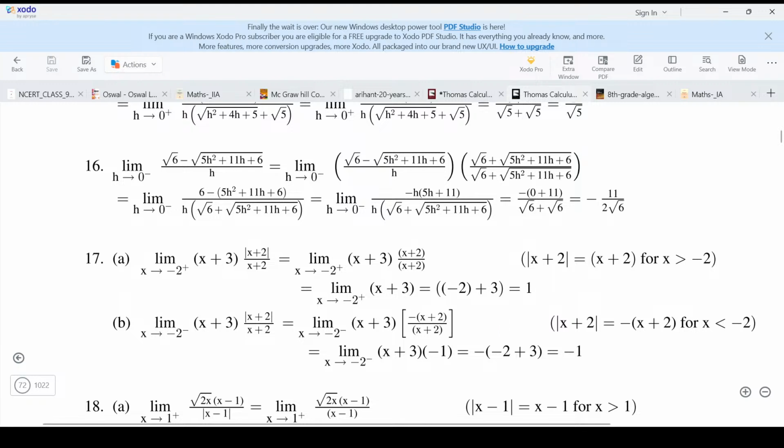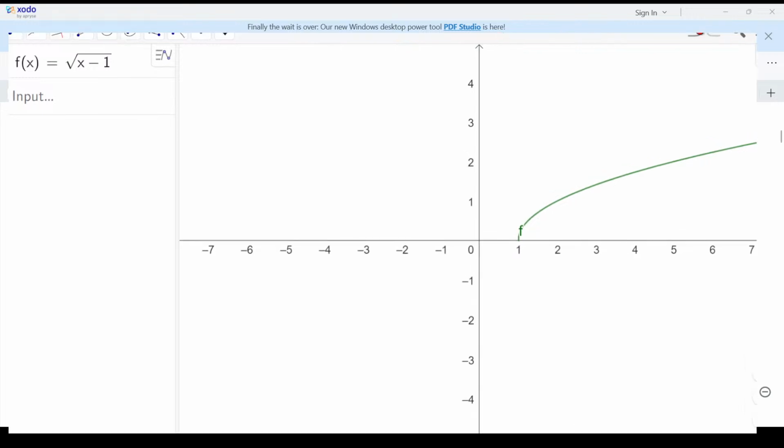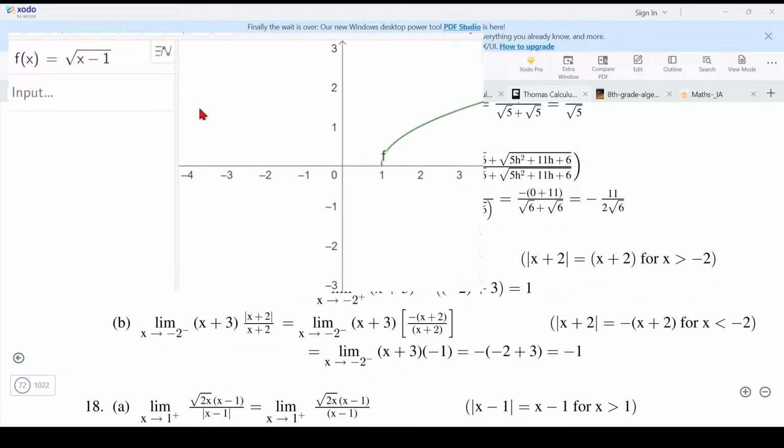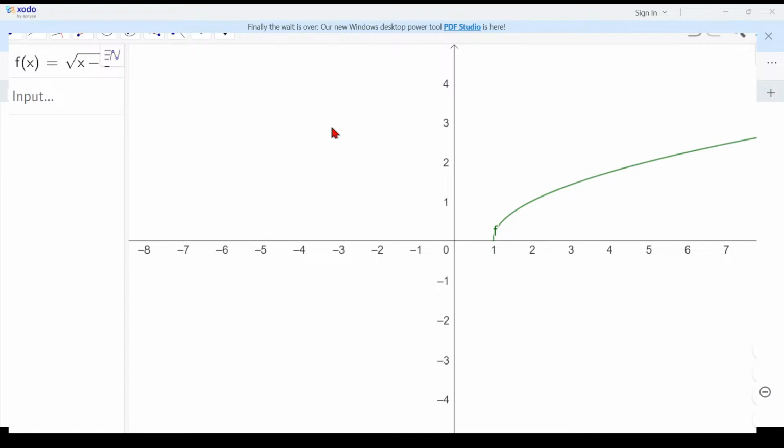Now again, let's try to draw the graph of this one. What is the function?